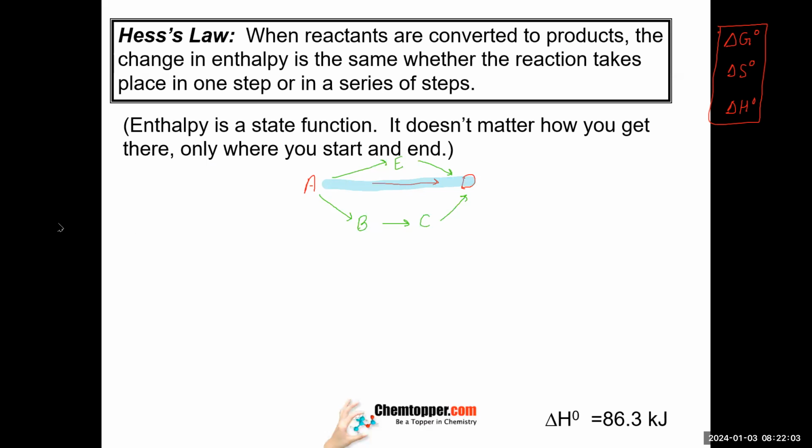Other one includes multiple steps. This one, multiple steps. A to B, B to C, C to D. And the third path which I have selected here is this one.